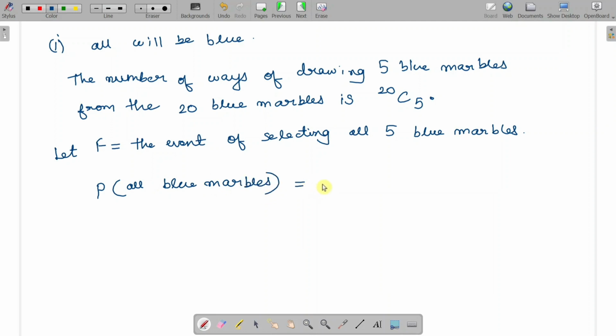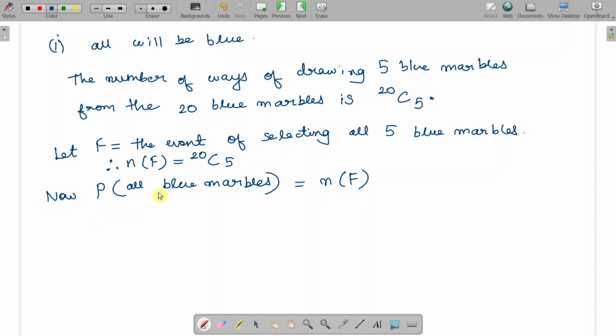First of all, what is the number of elements in set F? It is 20C5, right? Because the number of ways of selecting all 5 blue marbles from all 20 blue marbles is 20C5. So the number of elements in this set F is 20C5, and now we can go to the probability.